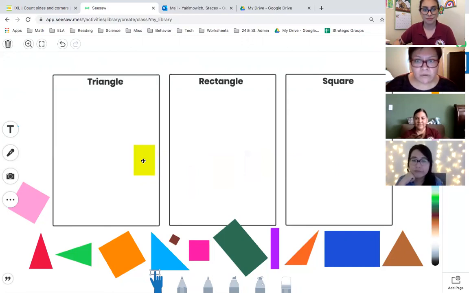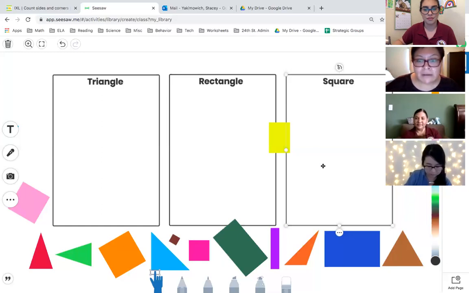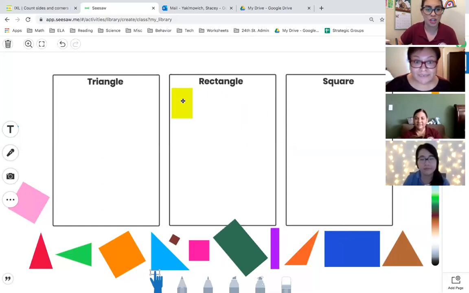It has 4 corners, so it might be a rectangle or a square. Ooh. I remember from the last lesson, you said that a square has equal sides, and that doesn't have equal sides, so it must be a rectangle. So then we're going to drag it in here anywhere you'd like, right? Once you figure out that that's where it belongs, then you're going to drag it and leave it there.